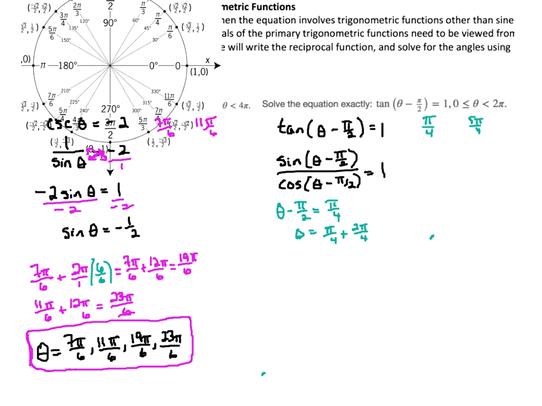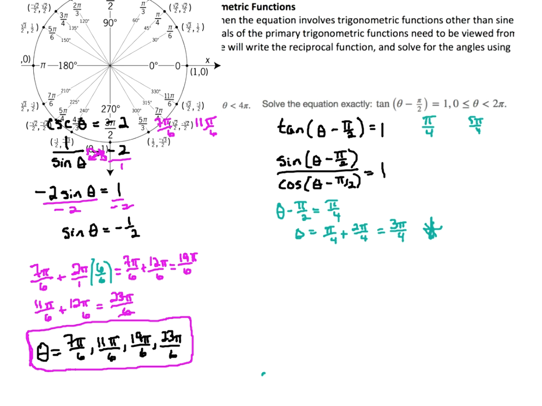I just did the fractional math, getting the common denominator in my head there. And that occurs when theta is 3 pi over 4. So notice they're not asking for the actual angle that gives you a tangent equal to 1. They're saying, okay, what's that angle that I can subtract pi over 2 from and get 1? Okay, so one of my solutions is actually 3 pi over 4.